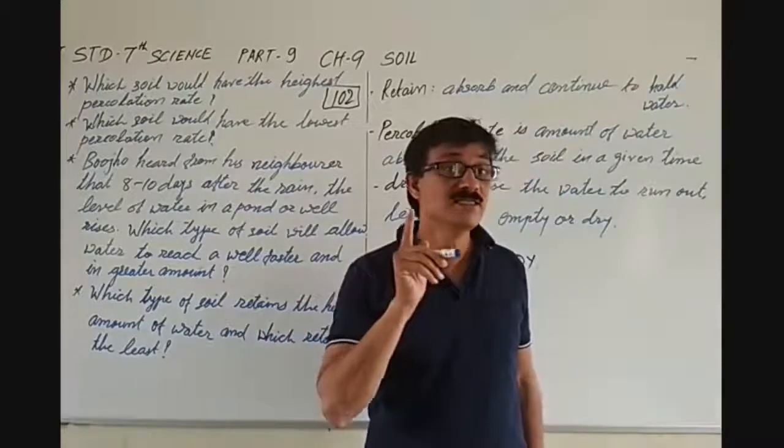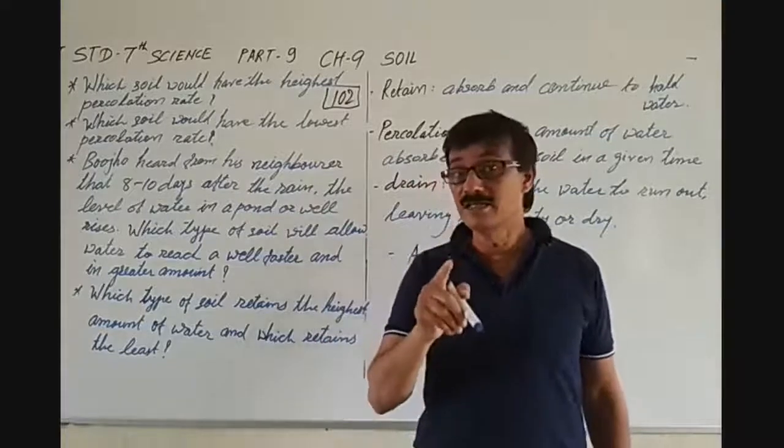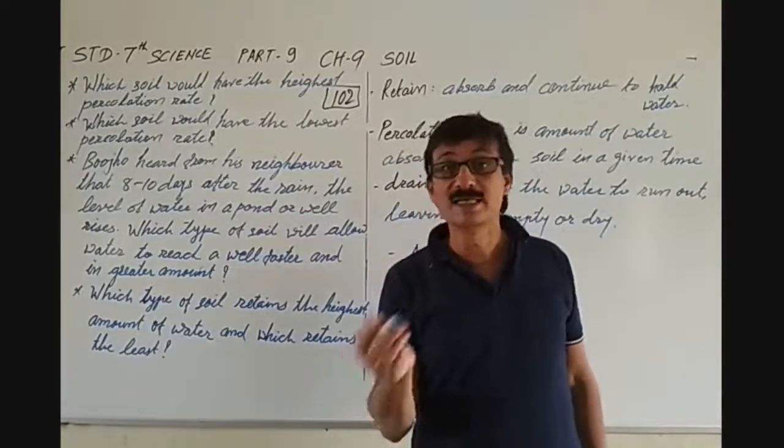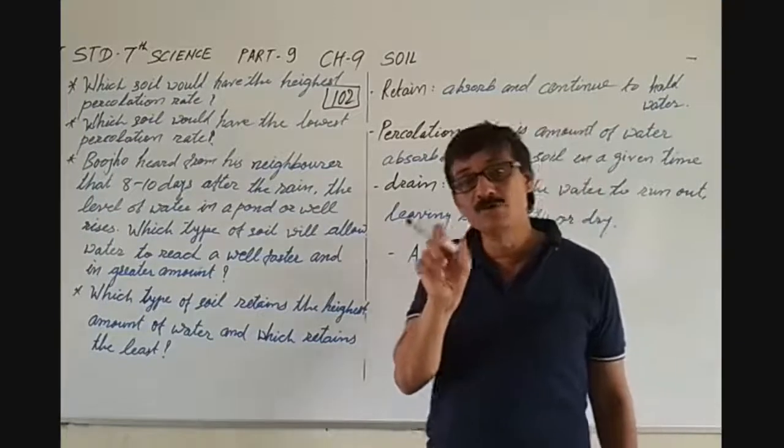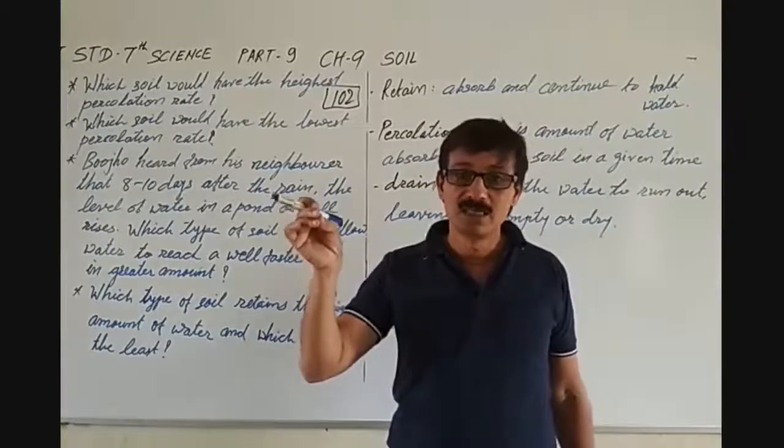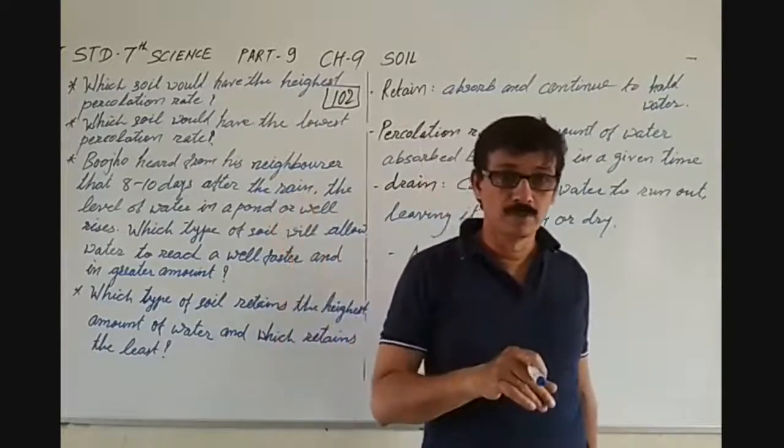And you know that this is sandy soil, and the next to that is loamy soil. Why? Because loamy soil is a combination of sandy as well as clay soil, isn't it?